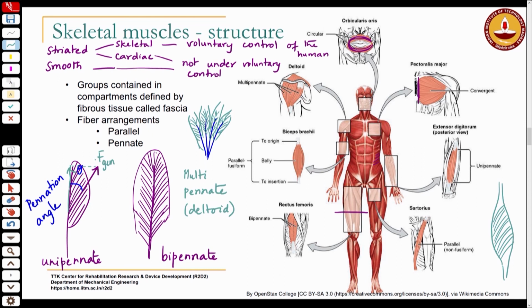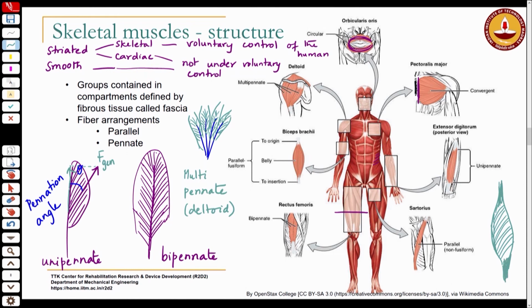We will continue with a little bit more discussion on the pennate muscles in the next class, and we will then look at the muscle fiber structure. So, here this is the muscle part of it, and this will be the tendon.